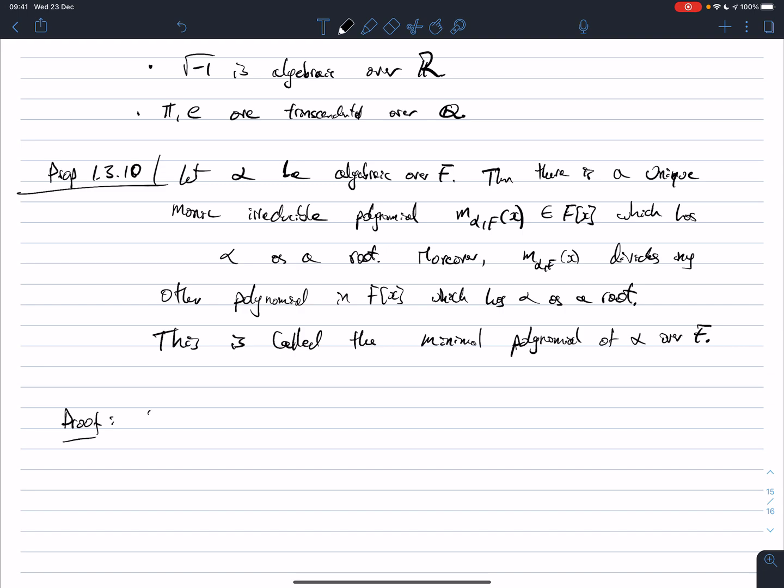So as I mentioned, let's take m_alpha,F of x to be the polynomial of minimal degree having alpha as a root.